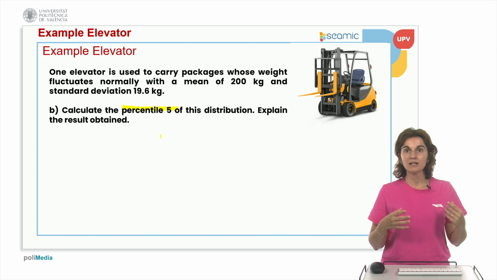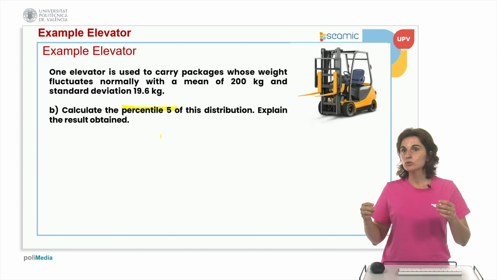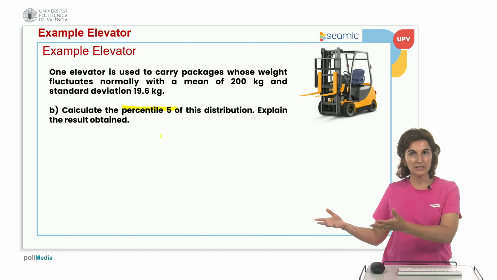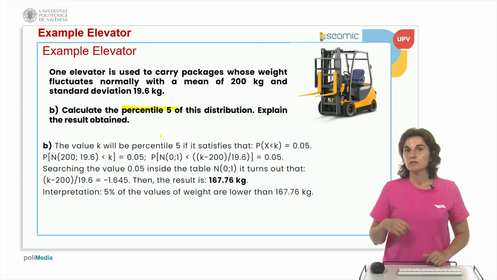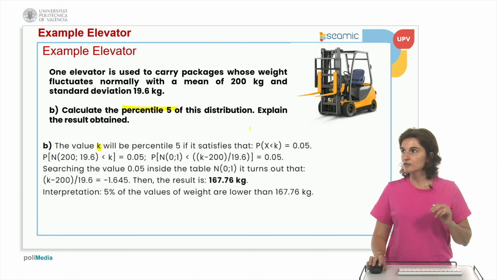So it's a concept that can be easily applied to the computations we are doing here in random variable distribution. So we are searching the value k, which is the percentile 5, and according to this definition, it satisfies that probability that x is less than k is 0.05.